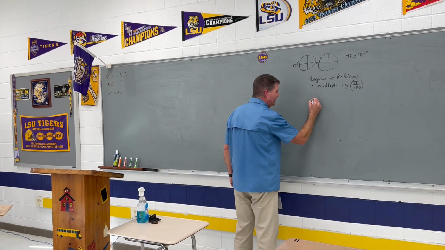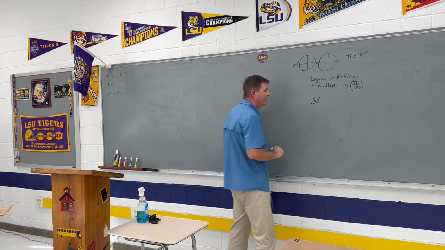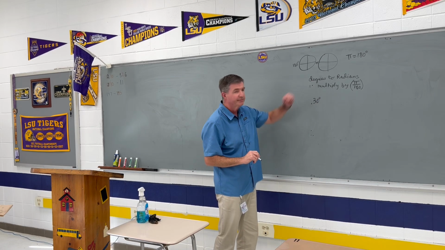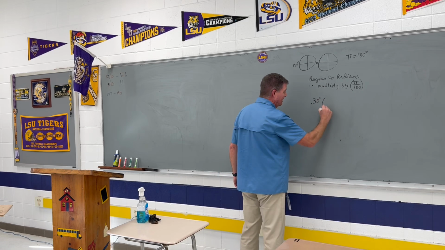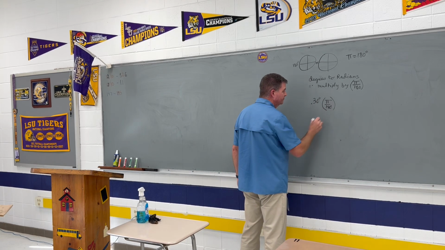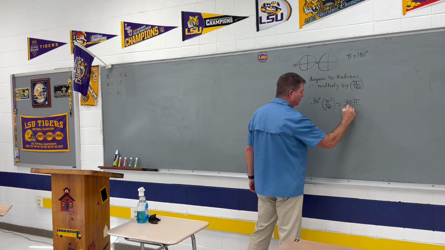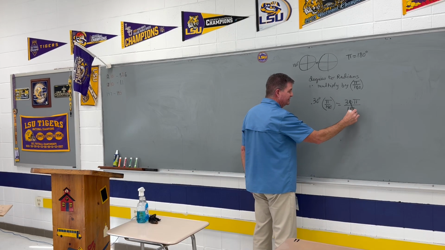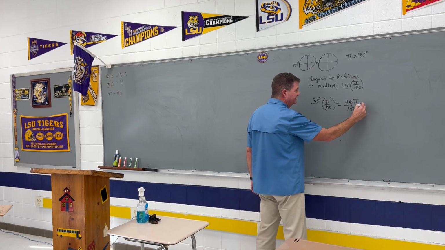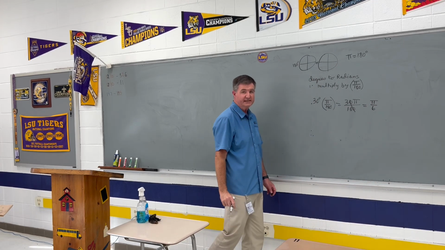Suppose I'm looking at 30 degrees. I multiply by pi over 180, giving me 30 pi over 180. Cancel out the zeros. 3 and 18 simplify to pi over 6.